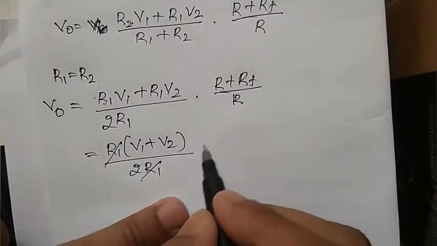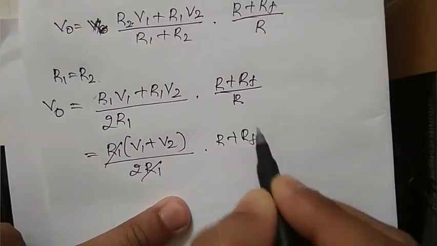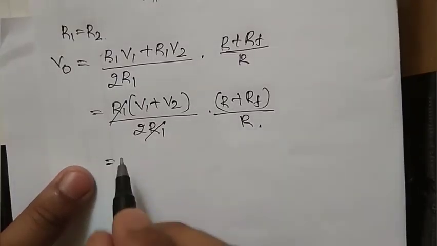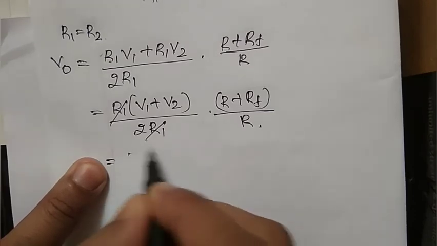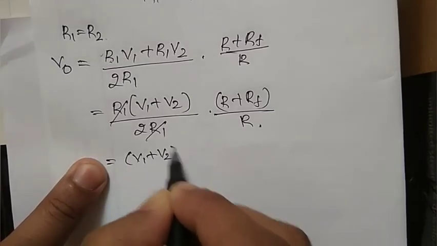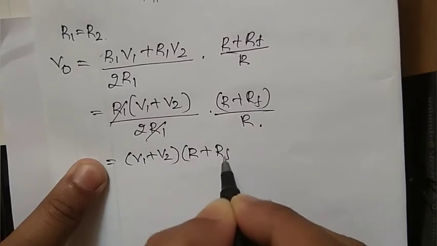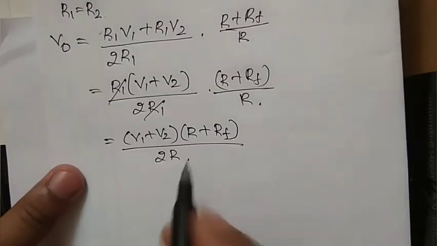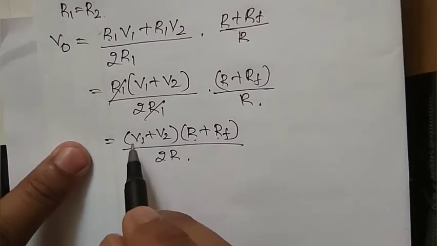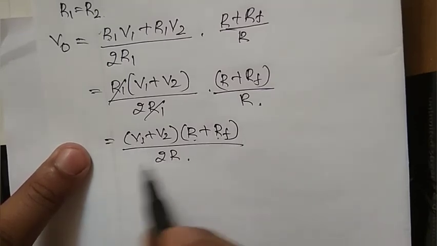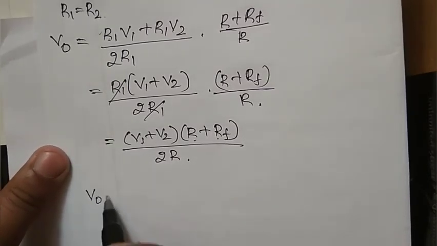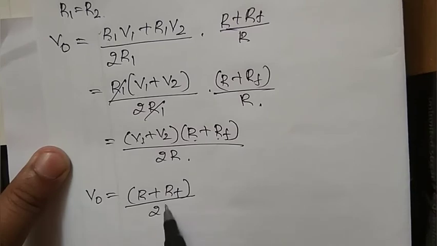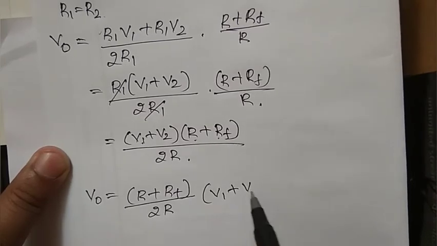Your R1 gets cancelled, and R plus RF divided by R. Simplified, just multiplied with respect to the above parameters: V1 plus V2 into R plus RF, divided by 2 into R. So V0 equals R plus RF divided by 2R into V1 plus V2.